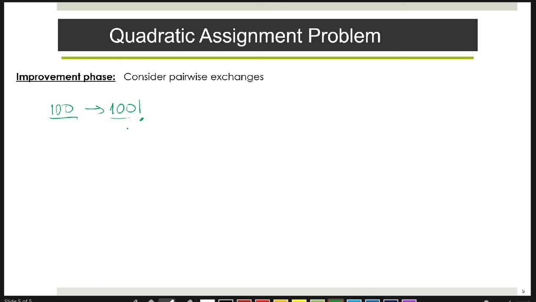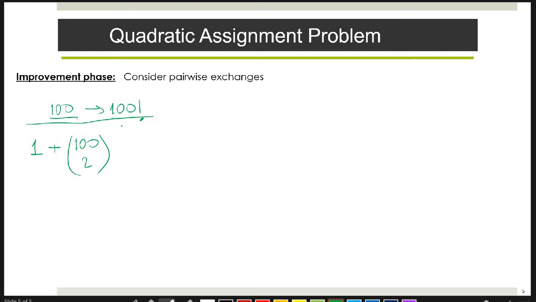Instead of trying these 100 factorial cases, if we use this heuristic, how many alternatives will we try? Initially, we will start with a solution, 1. Then in the first case, we will select 2 of these 100.